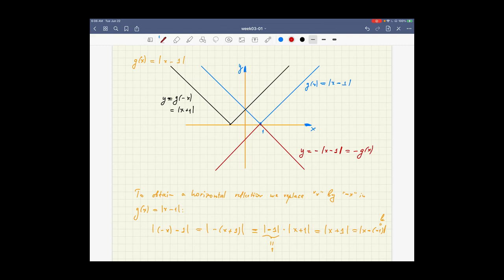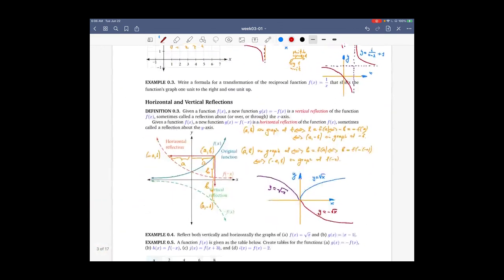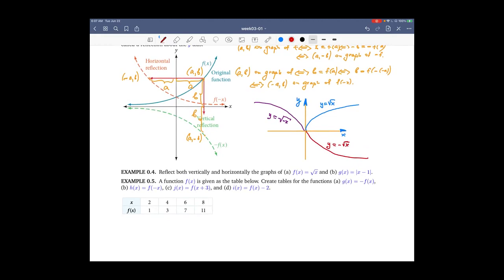Okay, that finishes that example. Let me get back onto the previous page and do the next example.